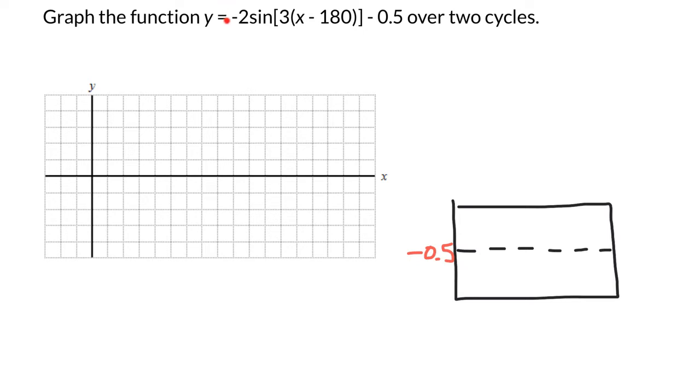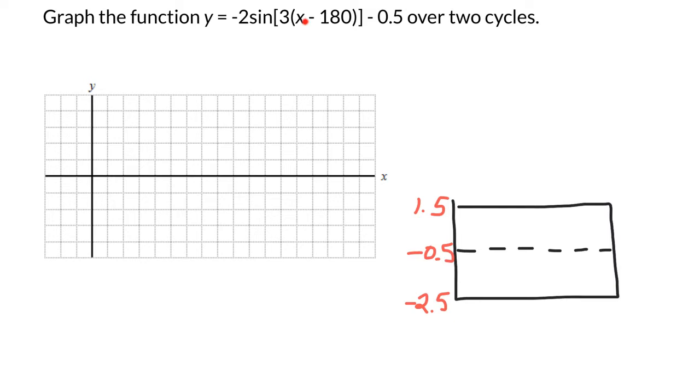My amplitude is 2, so that means my maximum and my minimum are up 2 and down 2 from my central axis. So if I go up 2, that brings my maximum to 1.5. And if I go down 2 from my central axis, my minimum value is negative 2.5.